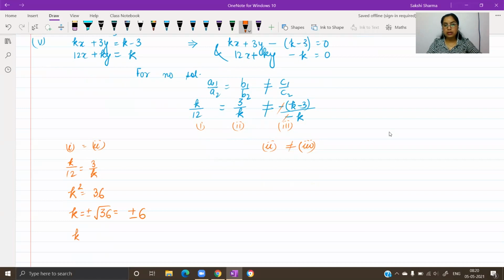So from here, we get two possible values of k, either 6 or minus 6. Let's work with the inequation and see what we get. 3 over k not equals to k minus 3 over k, cross multiply.